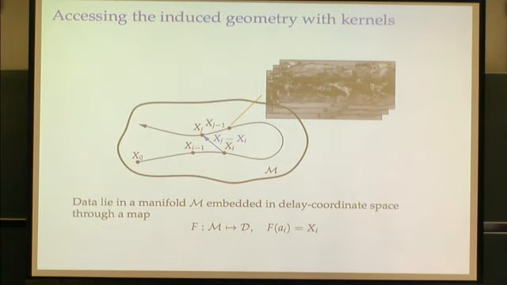The conceptual picture that we have here, which motivates the use of kernels, is that these short sequences of observations lie on a low-dimensional set, which typically is considered to be a manifold in our delay coordinate space. And there is an embedding function which, given a point on this manifold, gives us this sequence.